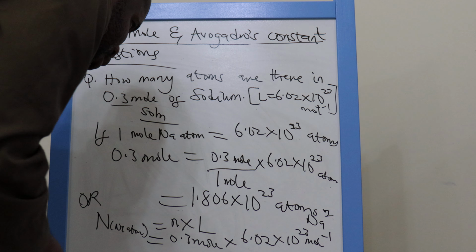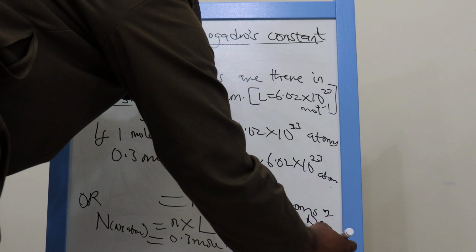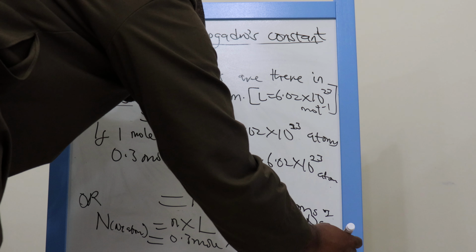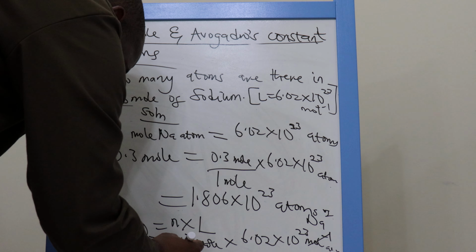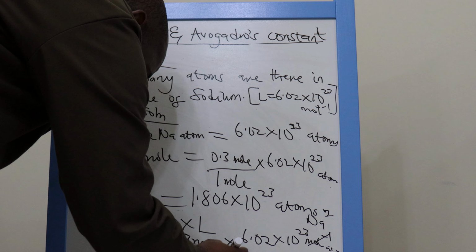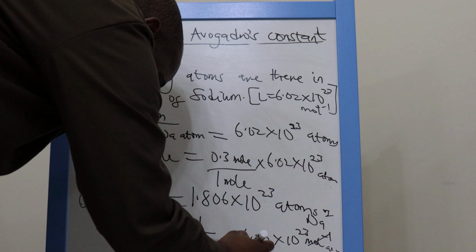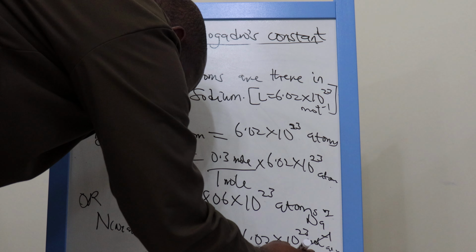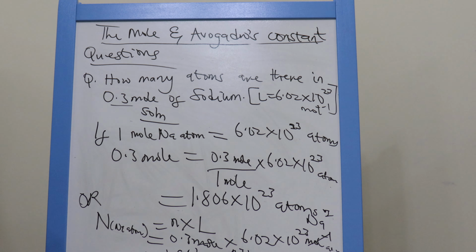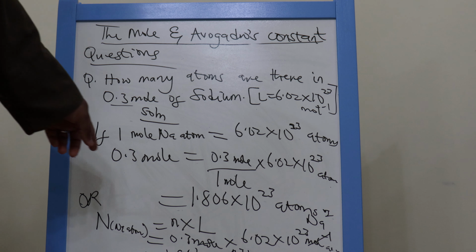The per mole will cancel the mole here, so we have 1.806 times 10 to the exponent 23 sodium atoms. Irrespective of the procedure you use to solve it, you will arrive at the same answer.